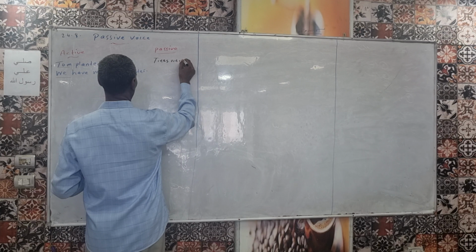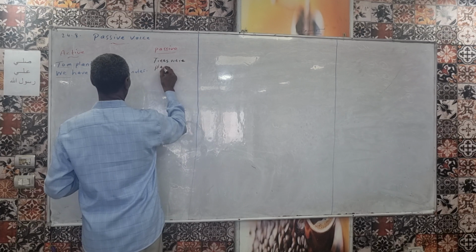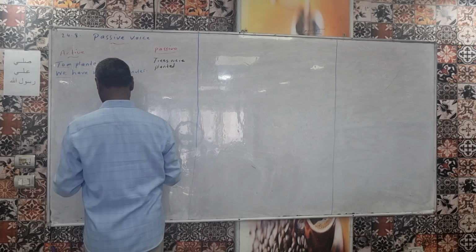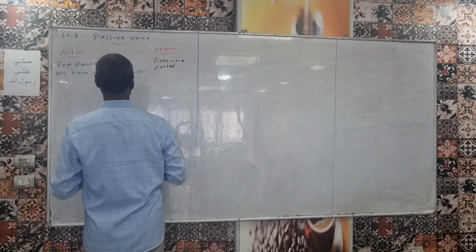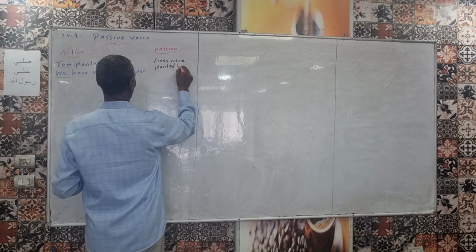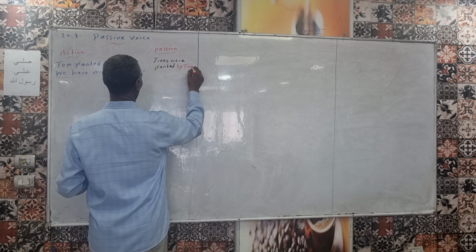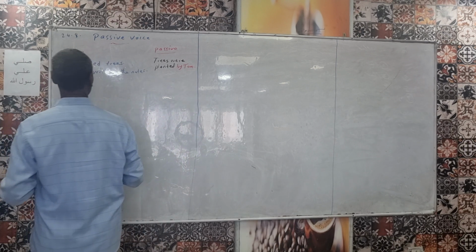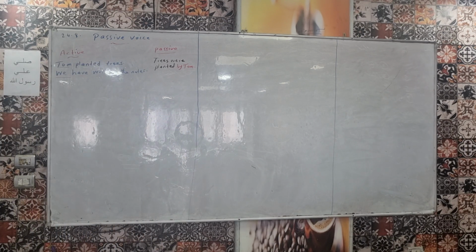Planted. Sometimes it is possible to say trees are planted by Tom. By what? By Tom. So when I say trees were planted, is it an active voice or passive voice? Passive voice. Why? Because we don't know the subject. The subject is unknown to us.